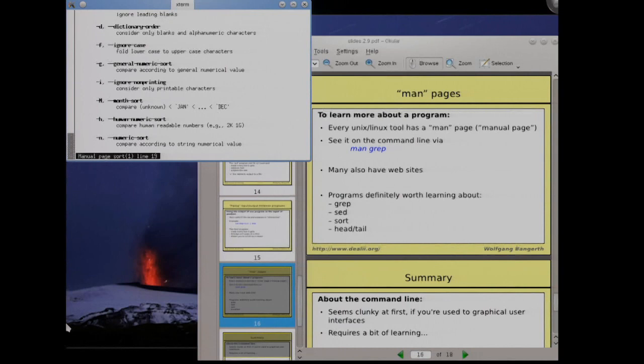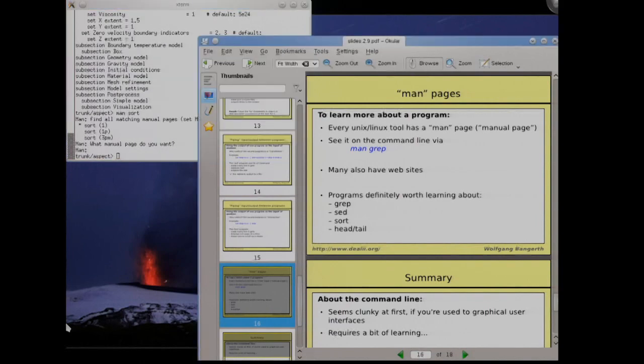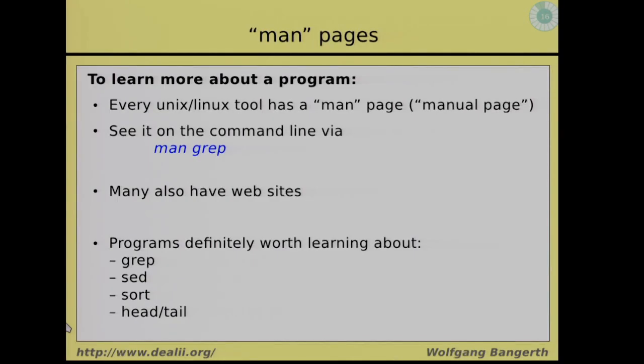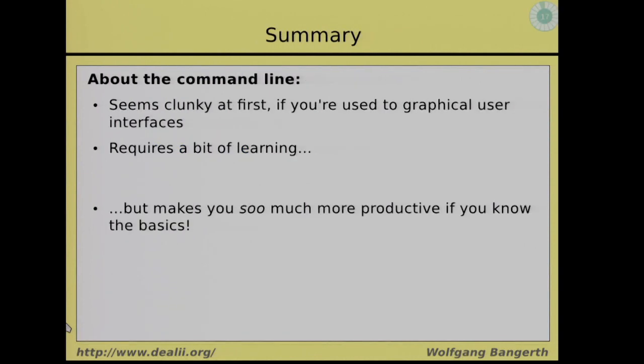So man is a really useful command because it allows you to learn about things. The commands that would be useful for you to learn something about are certainly grep, sed, sort. Head shows the first few lines, tail shows the last few lines of a file, and so on and so forth. I hope you got a sense of how the command line works.